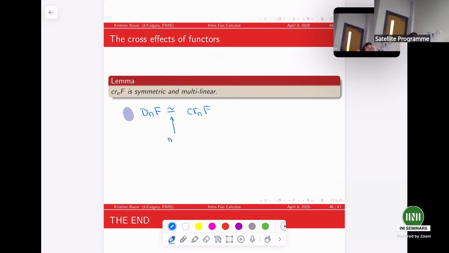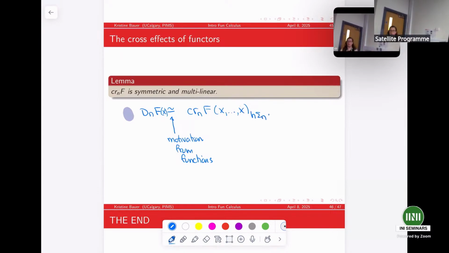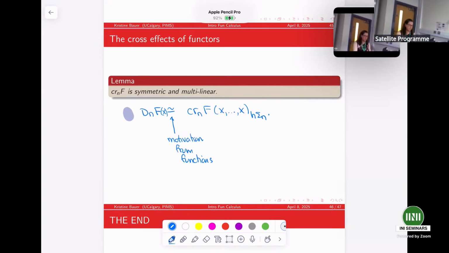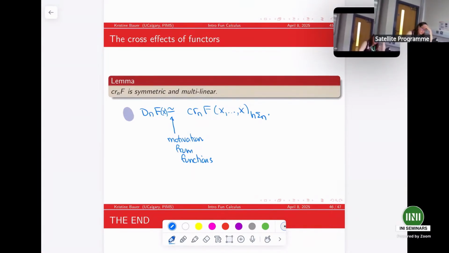This is using the motivation from functions. It should be equivalent to the nth cross effect of f evaluated, so let's put an x in here because I'm going to evaluate on a diagonal. And then I'm going to take some homotopy orbits because that's my version of divide by n factorial. Okay, and so that's close enough to what I want to say about why you should believe that that equivalence is there. And if I work a little bit harder, then I can do a little better.